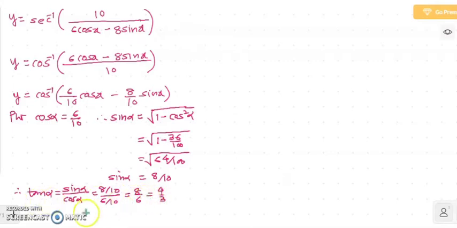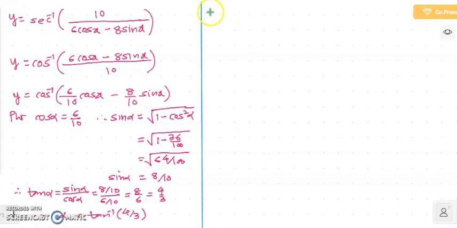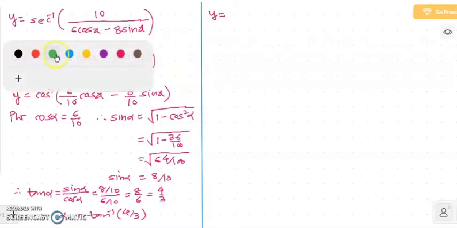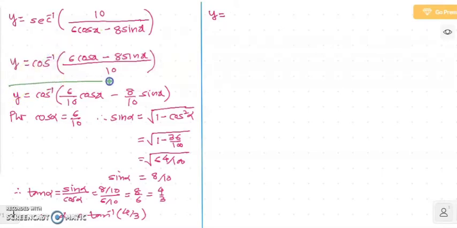So tan alpha is 4 upon 3, so alpha is equal to tan inverse of 4 upon 3. So this is the first part of the answer. Now we shall write y in terms of alpha and x. This was our original y.